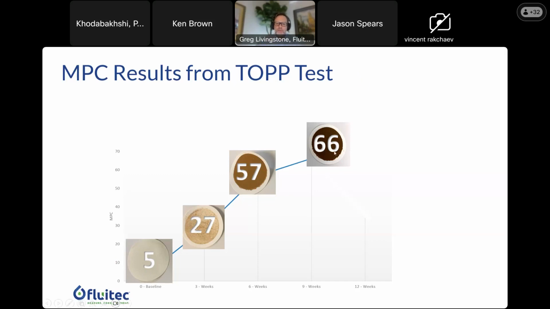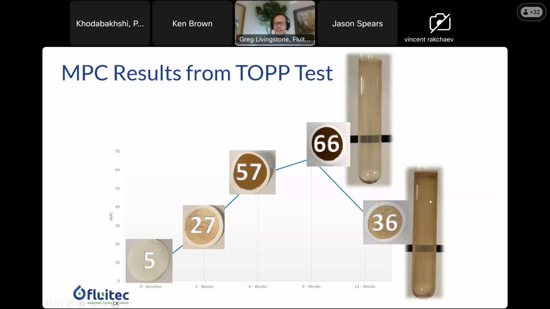And as you would expect, you see the MPC increasing up to week 9, but interestingly in this case, the MPC actually drops at week 12. If you inspect the glassware at the end of this test, you'll see significantly more deposits on the week 12 glassware, even though the MPC is lower.